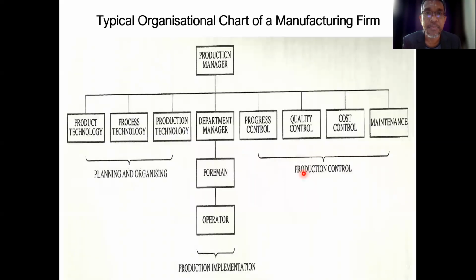Okay, this is a typical organization chart for manufacturing. We have a production manager here. Under that we have production planning, production control, and also production implementation.